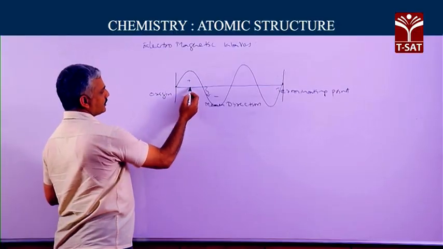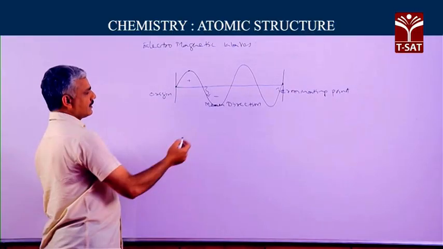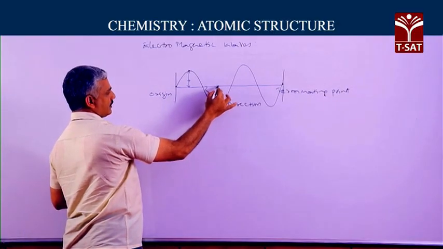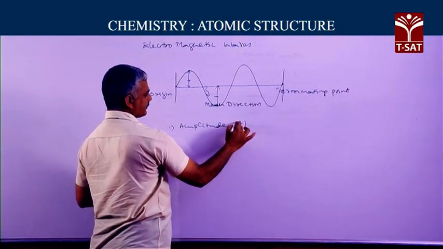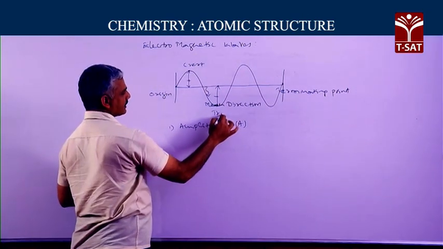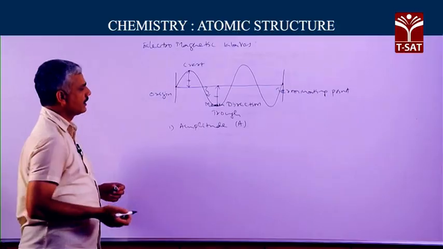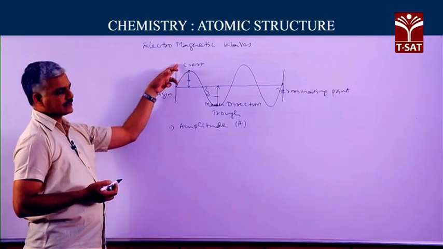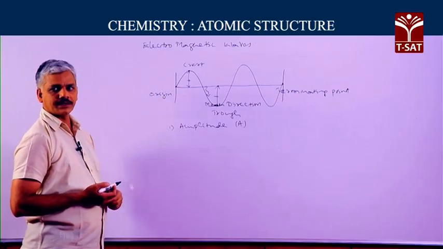So, the maximum distance covered from the mean position in the positive direction or in the negative direction is taken as the first property of the wave, called amplitude. This peak point in the positive direction is called crest, and in the negative direction, that is the downward direction, is called trough. So, amplitude can be defined as the distance from mean position to crest or mean position to trough, which is the first property of electromagnetic wave.